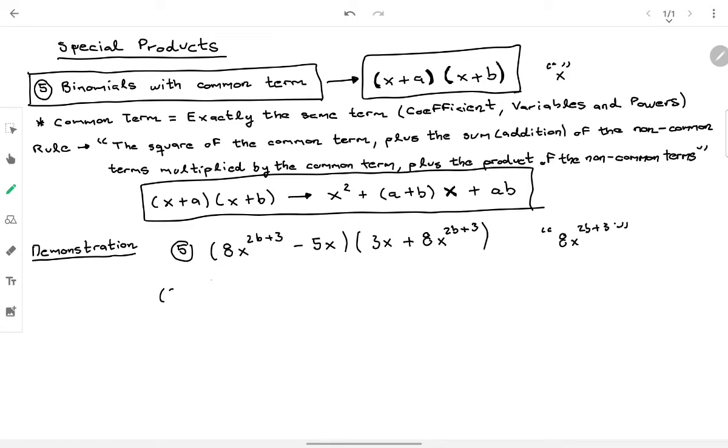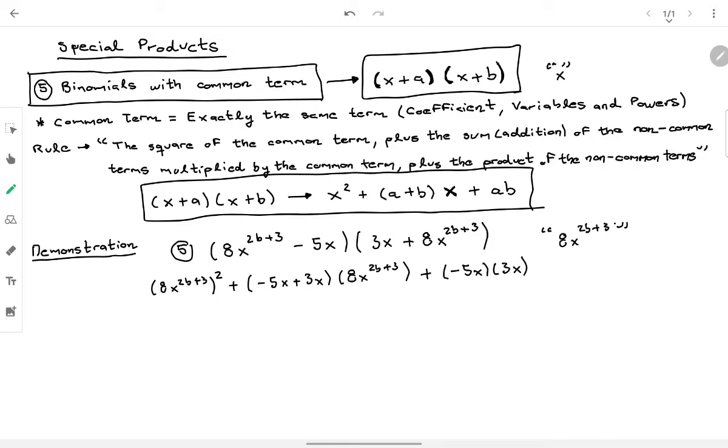It's the common term, I'm sorry, we'll put it here: the common term squared, plus the addition of the non-common terms, so it will be minus 5x plus 3x, multiplied by the common term, plus the multiplication of the non-common terms.